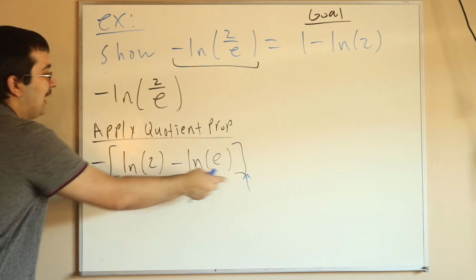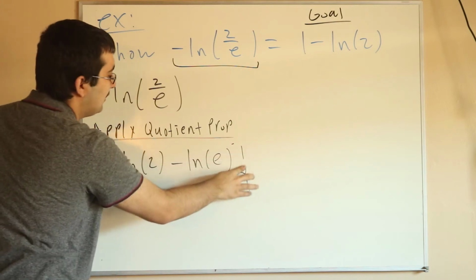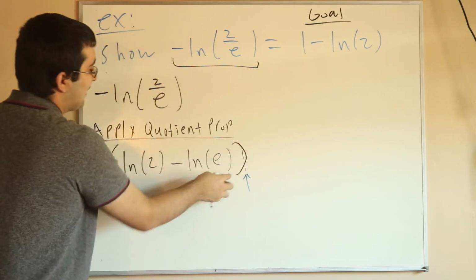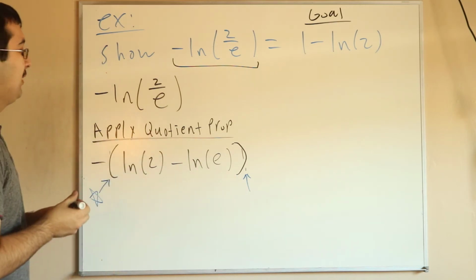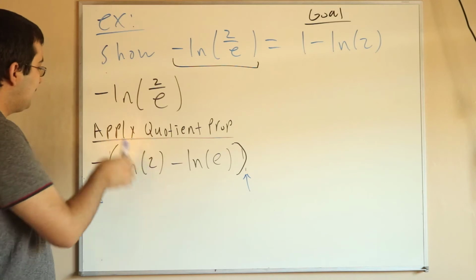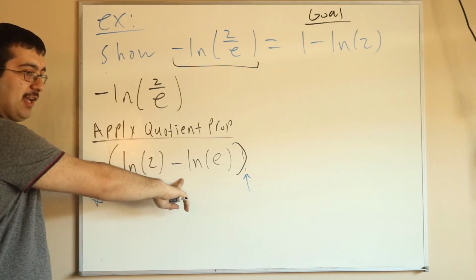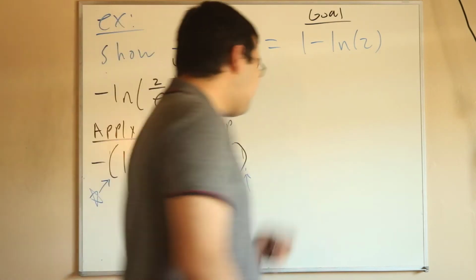That is why I put brackets here. Or, if you prefer, you can write parentheses as well. It doesn't matter. What's important is that I was negating this ln, which equals these difference of ln's, so I need to negate the entire difference.